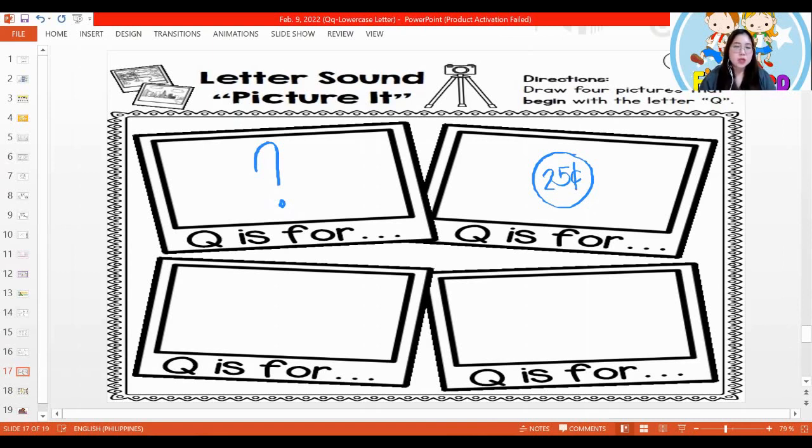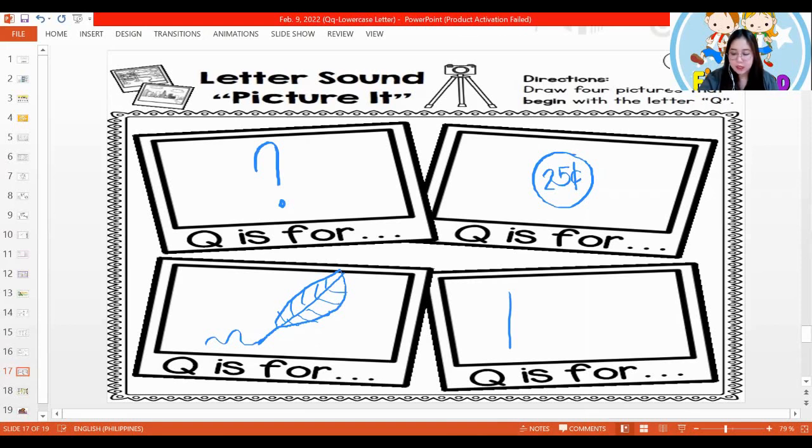Then the next picture I want to draw is a quill. So a quill is like a feather. So I'll start with an oval, and then I will draw the lines and the scribble for my quill. And the last picture I want to draw is the colorful blanket called the quilt.